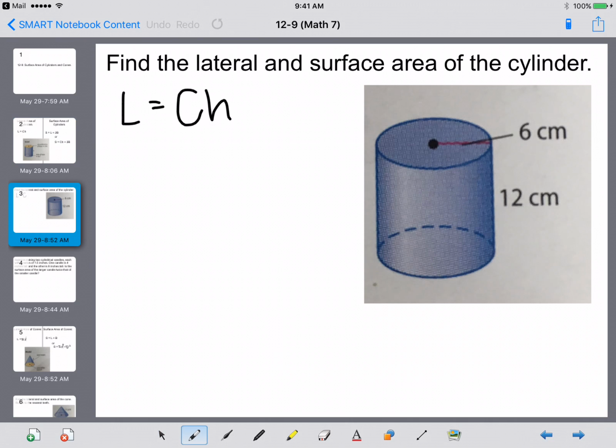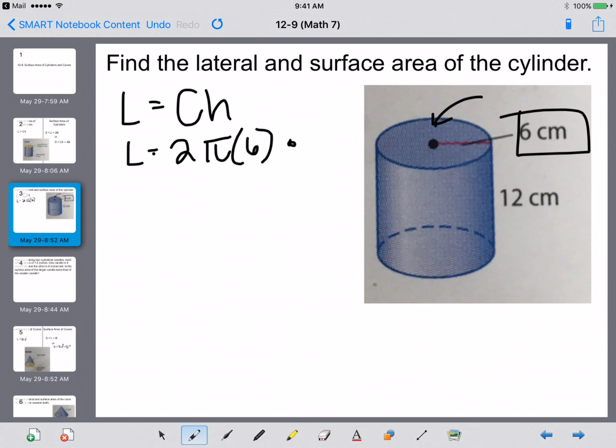circumference times our height. Our circumference in this case is 2 times pi times our radius, which in this case is 6 because it's going halfway across the circle, and then times our height of 12.